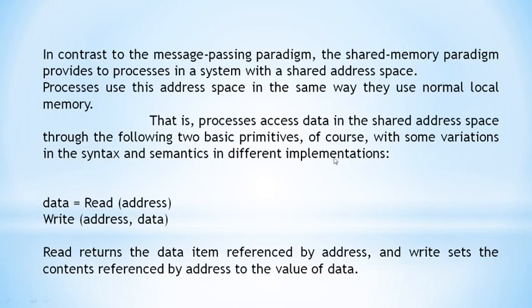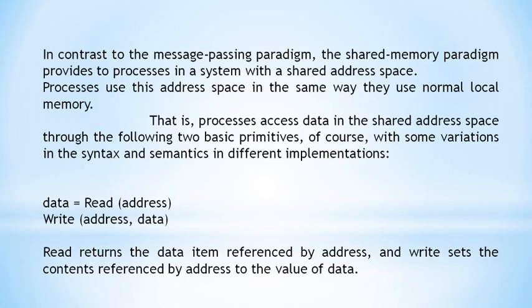Processes will use the address space in the same way as they use local memory. How do they use the local memory in the processor? In a similar manner, they can use the address space of shared memory.